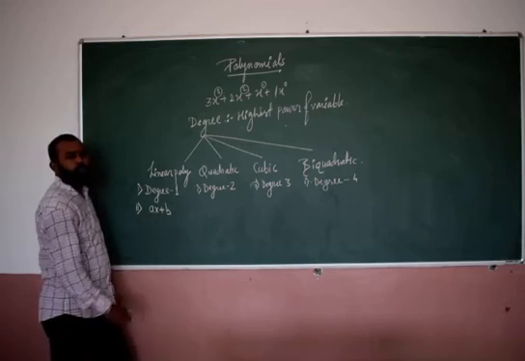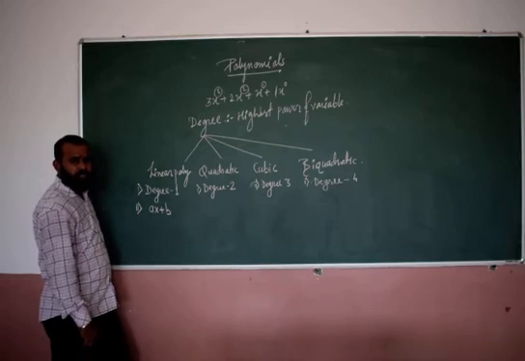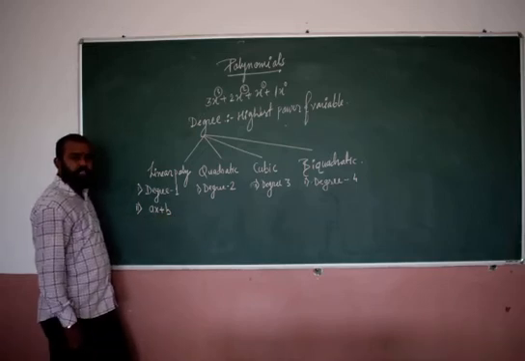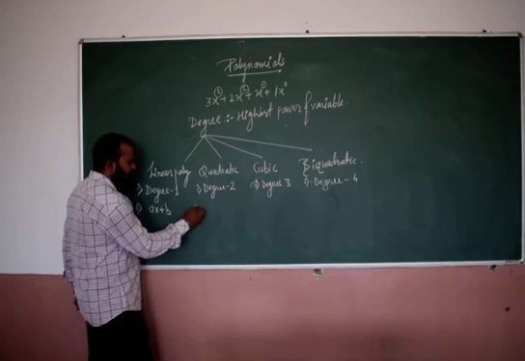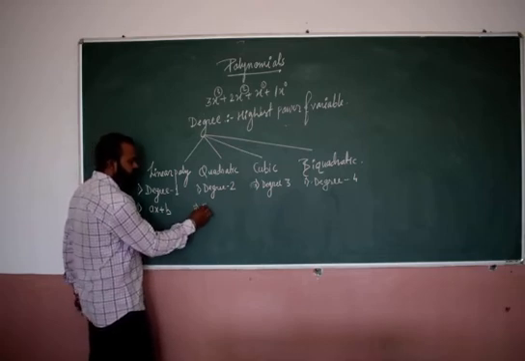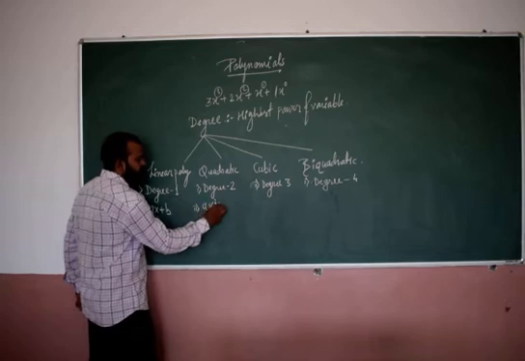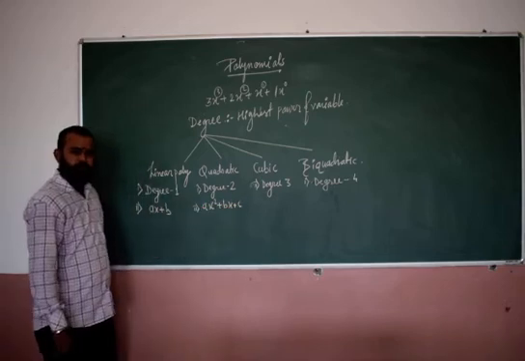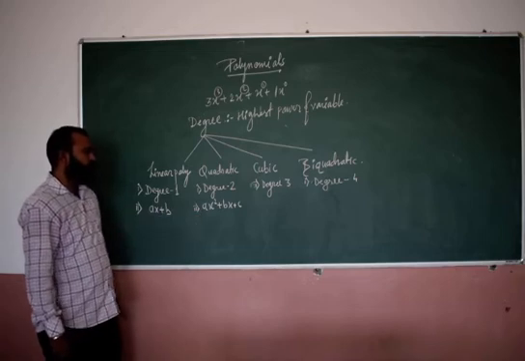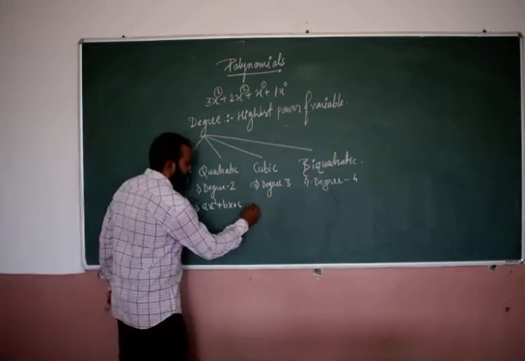Here a should not be equal to 0, as if a becomes 0, it will not be a linear polynomial. Next, the standard form of a quadratic polynomial is given as ax squared plus bx plus c.